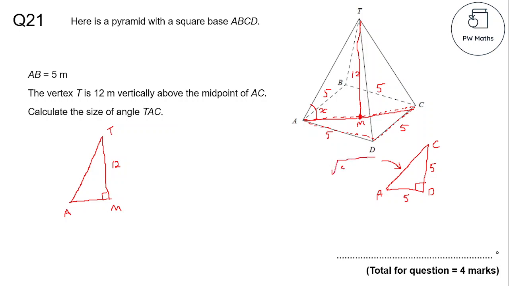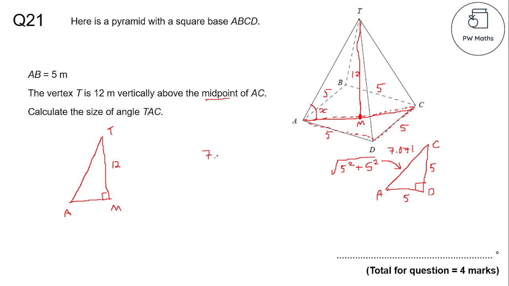Square root of 5 squared plus 5 squared, and we're working out the hypotenuse, so it's a plus. Pop it in the calculator, and the calculator says 5 root 2. I'm actually going to write 7.071. However, we don't need A to C. We need the midpoint of A to C, halfway.